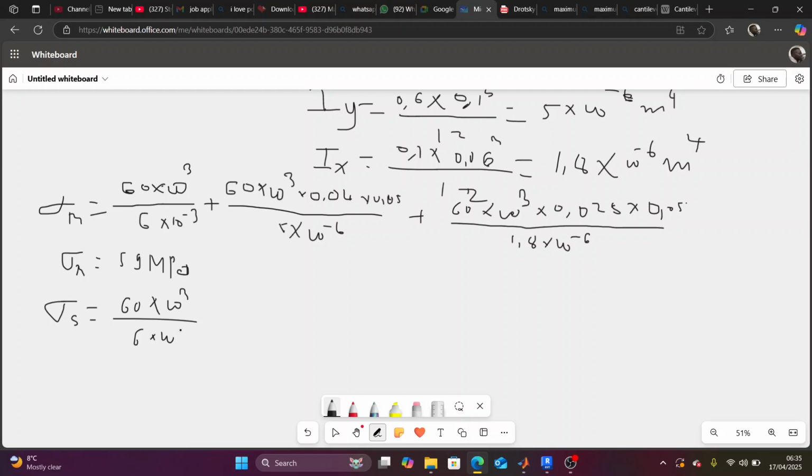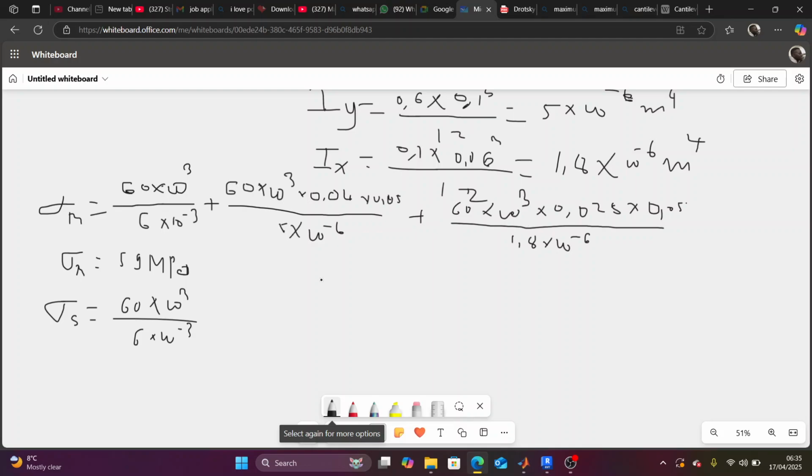Times 6 times 10 to the minus 3 plus, the moment is the same. It is still 60 times 0.04 divided by this. No, it will not be plus, it is going to be negative.